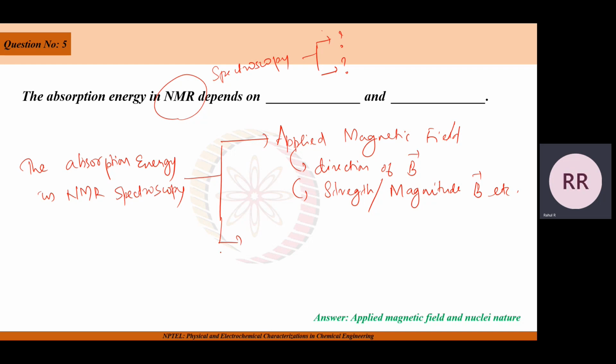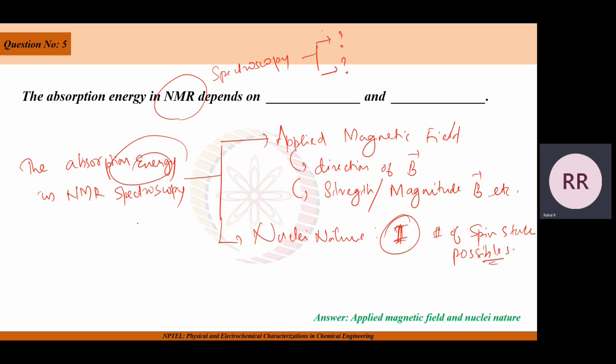And the other parameter it depends on is the nuclei nature, which means what is the nuclear I value that we have already discussed. What are the possible number of spin states, what are the possible transitions, etc. The absorption energy in NMR spectroscopy depends on various nuclear parameters and nuclear natures, and also on the external applied magnetic field.